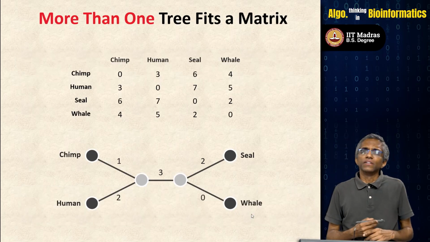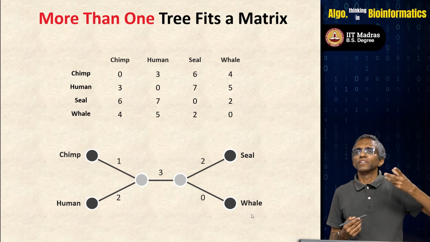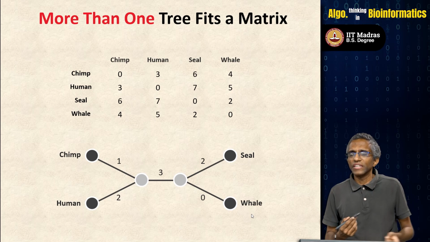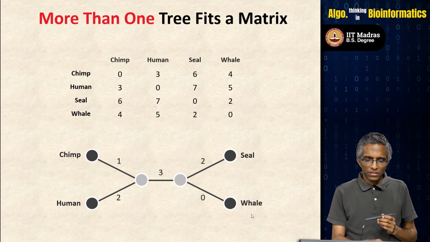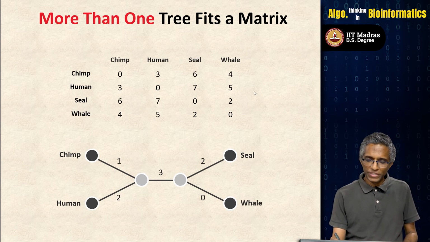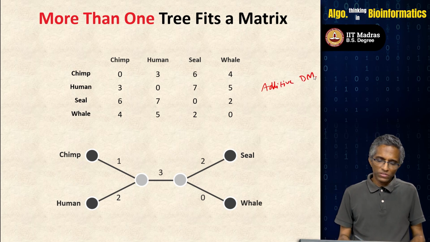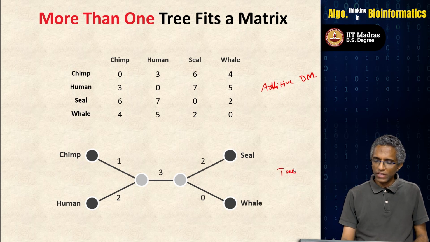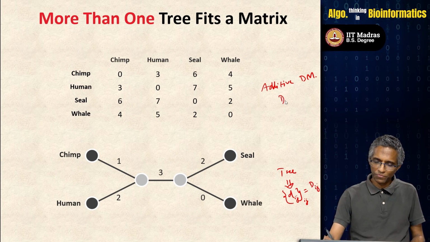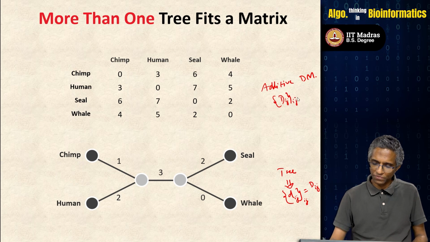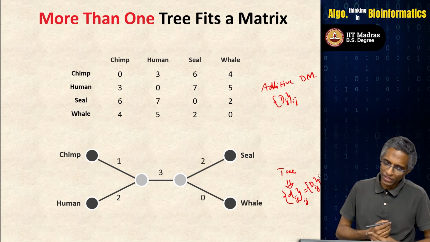And like I said, it is not just whether a tree exists or not, but sometimes if a tree exists there may be multiple trees that fit a distance matrix. So, here is an example where this distance matrix is additive, because we know that this tree and the tree distance implies d, that is, d ij over all i and j is going to be equal to the D ij that is shown here over all i j.